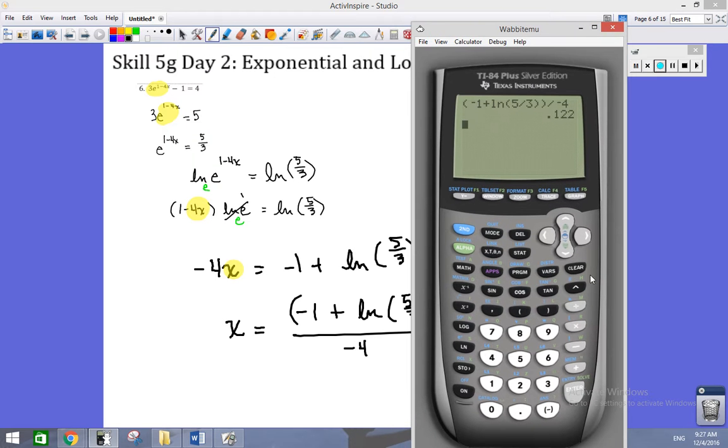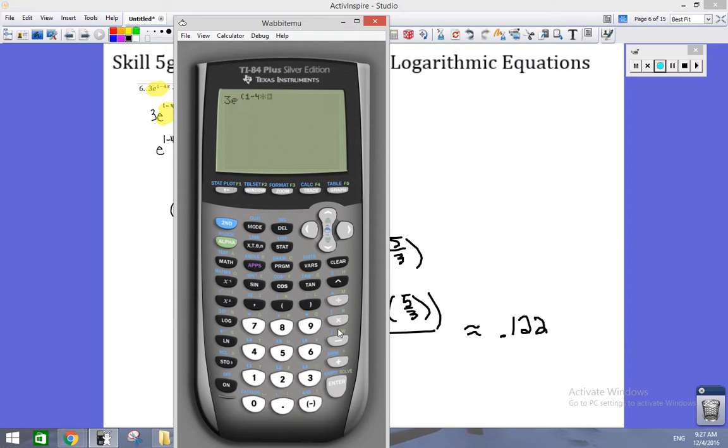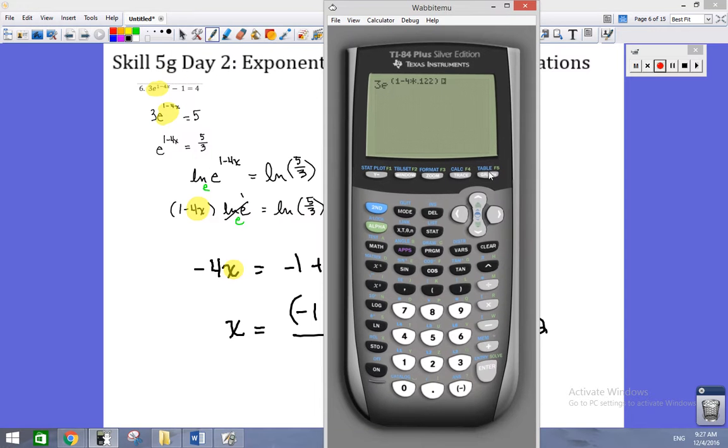Yeah, it's easy to plug this in and check. How good is our approximation? So it should be close to 4, and it is.